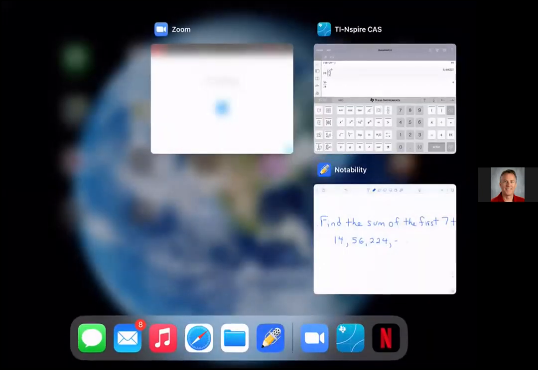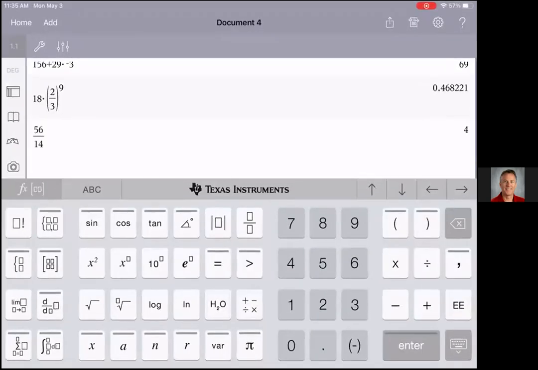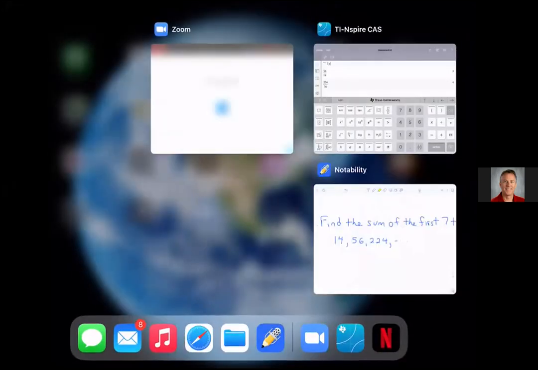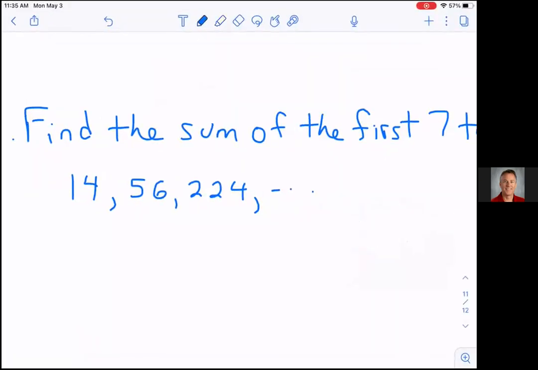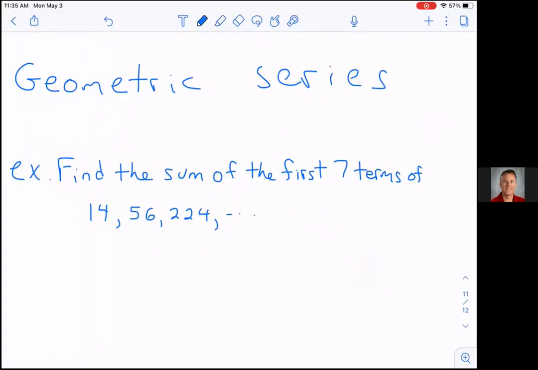Then I'm going to double check and do 224 divided by 56 and see if I get the same R value. If I do 224 divided by 56, I get the same thing. So that means that my R is equal to 4, and it's geometric. Now I know that R is equal to 4, and I've determined it's geometric.